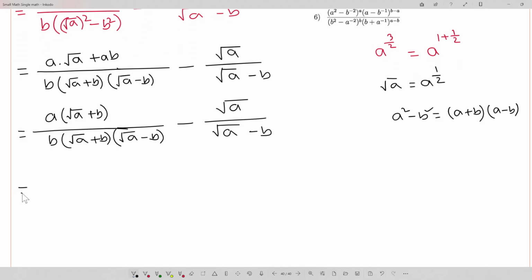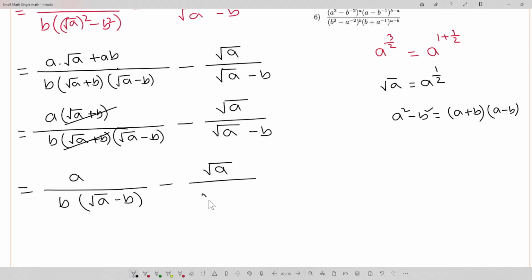Now we can divide root a plus b by root a plus b, so the remaining is a by b root a minus b minus root a divided by root a minus b. We can make the LCM, which will be b root a minus b.